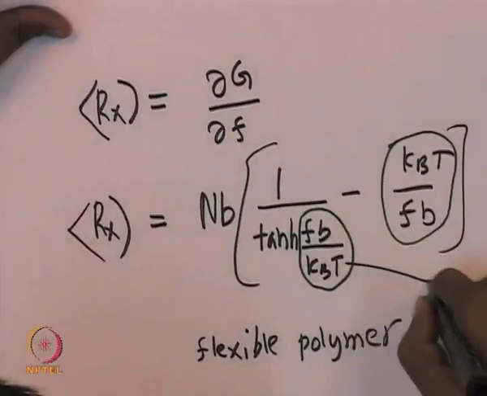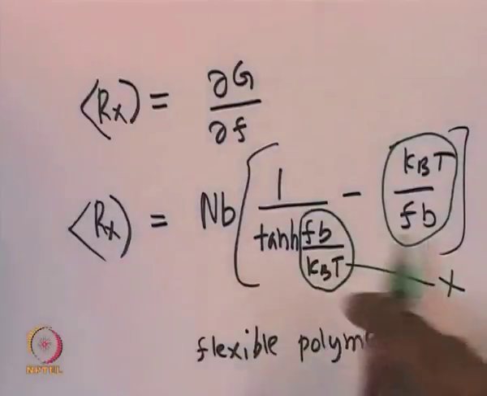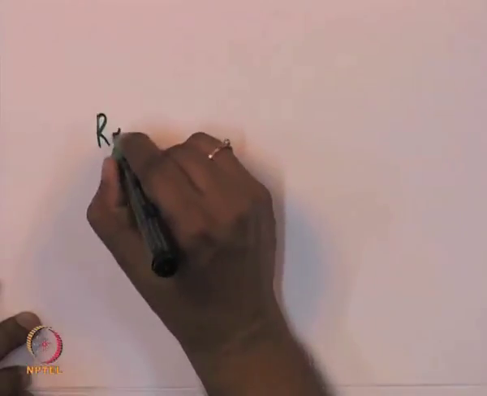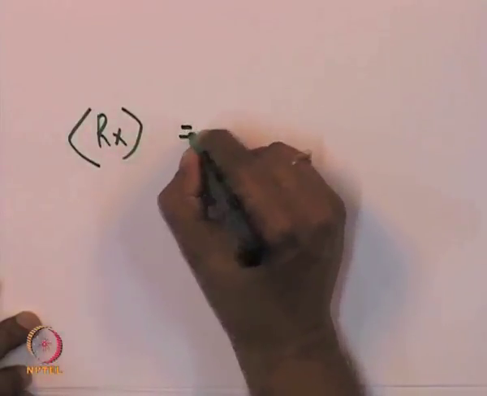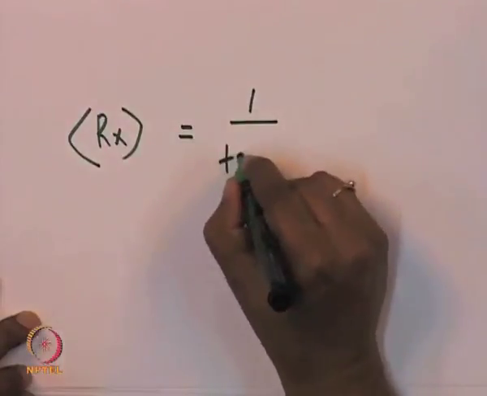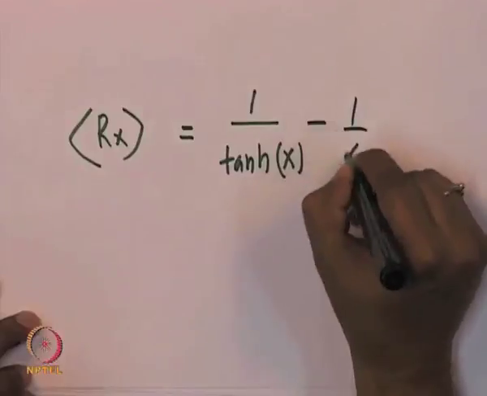So, this quantity I call x. If I do this, I can rewrite this R x average as 1 over tanh x minus 1 by x.